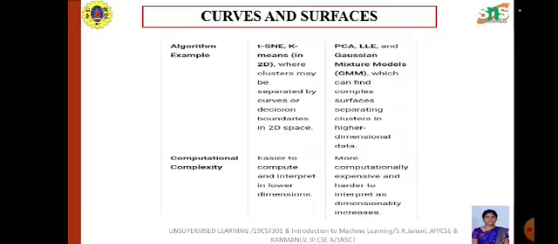So here they use the k-means algorithm where clusters may be separated by curved decision boundaries in 2D spaces. And for surfaces they use principal component analysis, which we have seen now, which can find complex surfaces separating clusters in higher dimensional data.